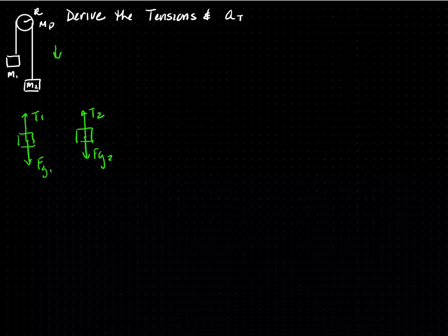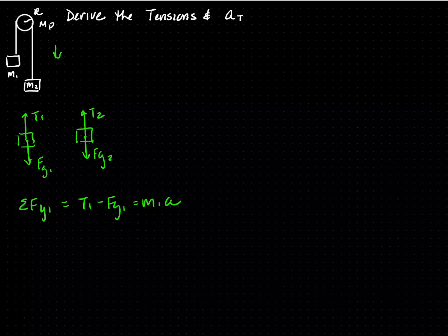When there was no rotational motion and the pulley was massless, the tension in the rope was exactly the same. But when there's rotational motion involved, T1 and T2 may not be the same because they produce a torque. So we need to solve for T1 and T2 by writing a general equation. The sum of F1 is going to be T1 minus Fg1 equals M1A.